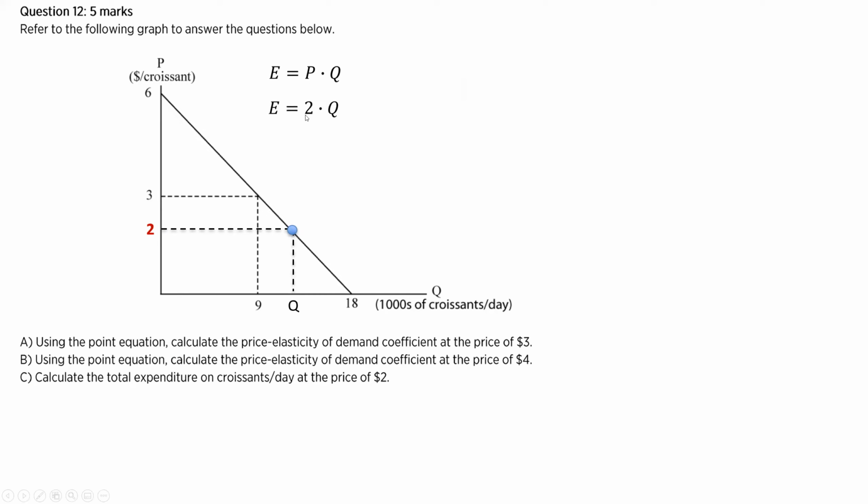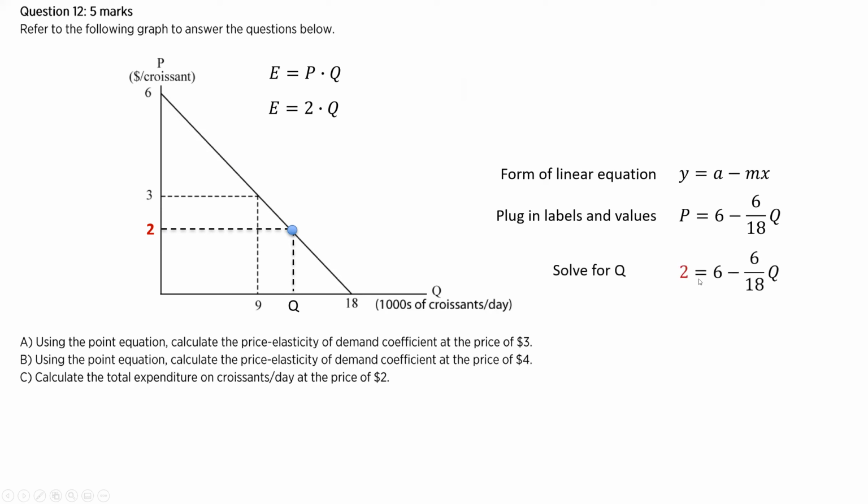So we're going to have expenditure equals $2 times some quantity. Well, let's work out the quantity. Again, we've got our linear equation, and we plug in our values and labels, which we've done here. Now we just solve for Q when the price is $2. Again, we rearrange a bit more.